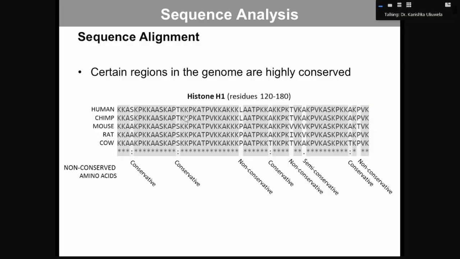Regions where there's no change at all, we call conservative regions, and regions where changes are more likely through mutations, we call non-conservative regions.